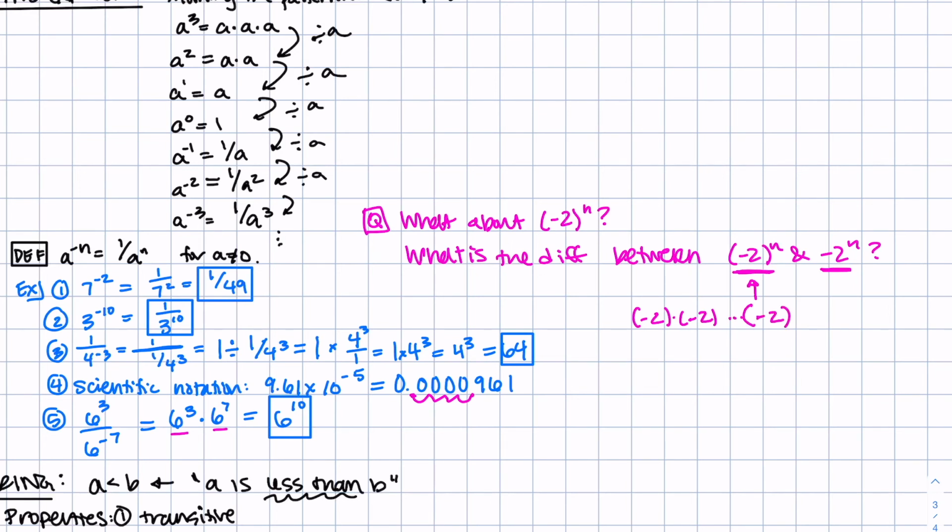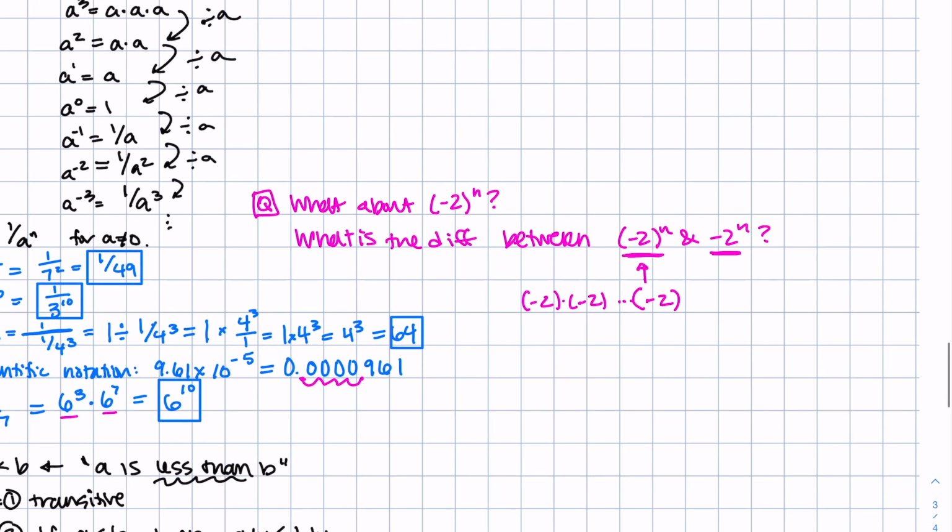So notice this number could be negative or positive. If n were 2, that would be negative 2 times negative 2, which is positive 4. The second one says the negative is implied to be out front, and the only thing we're taking to the nth power is 2. So it's negative 2 times 2, n times. So this is definitely a negative number. There's no changing.